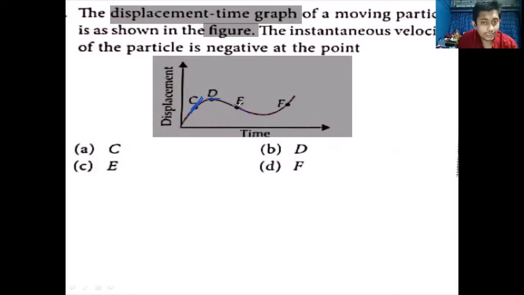For point E, the tangent is coming down, means negative slope. So the slope of this line is negative, which means that instantaneous velocity is negative for point E. And even for point F, the tangent is going up. So it is positive. So the correct option here is option C. Instantaneous velocity will be negative for E, because for E, the tangent drawn is coming down, right? Let's move on to the next question.